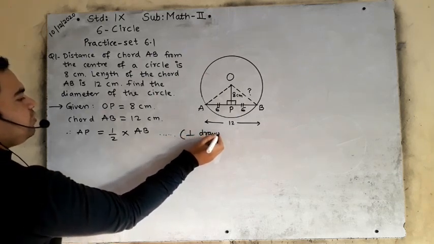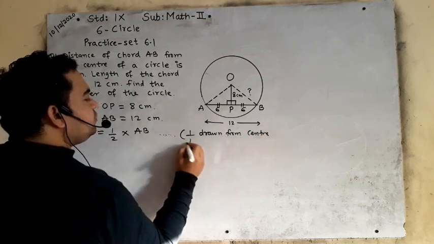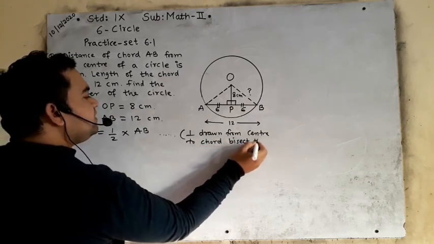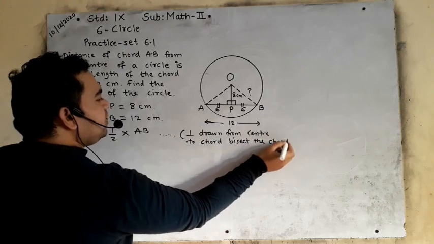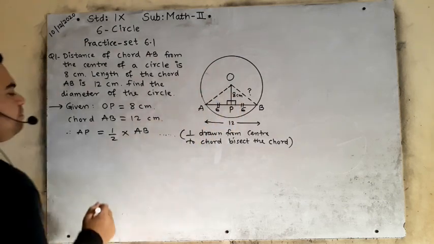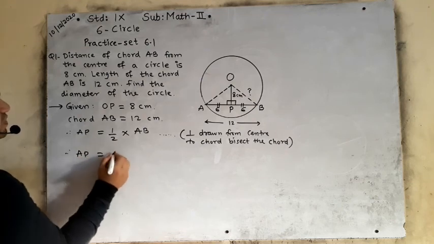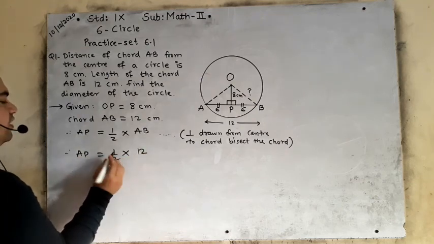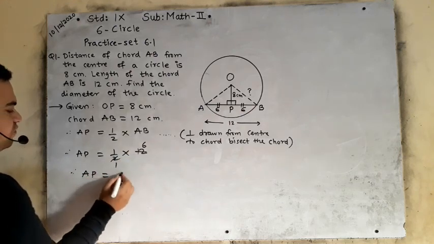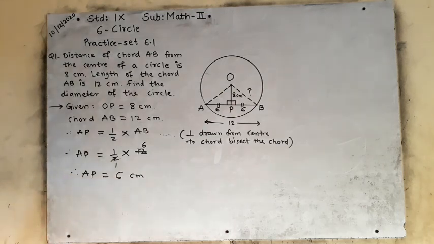Because the perpendicular drawn from the center to a chord bisects the chord. I hope you understood. Perpendicular OP is dividing the chord into two equal parts, so AP is half of AB. Therefore AP is equal to half of 12. 2 ones are 2, 2 sixes are 12. Therefore AP is equal to 6 centimeter. Is it clear?